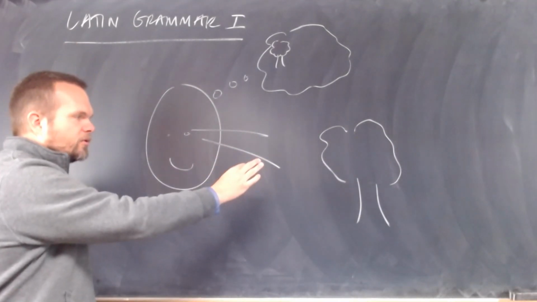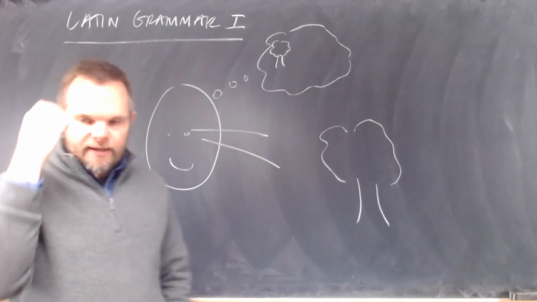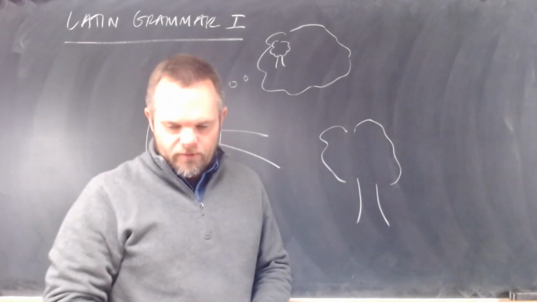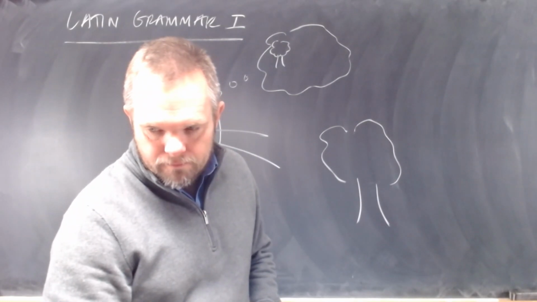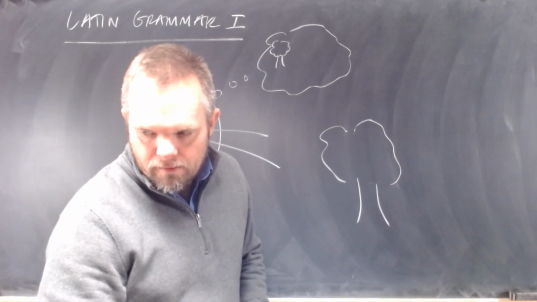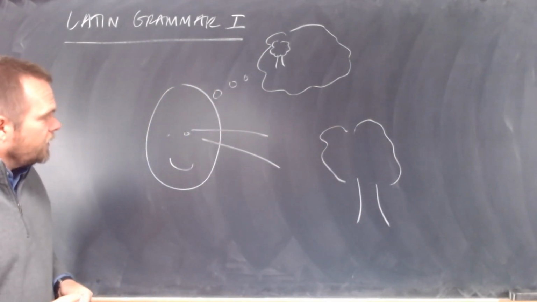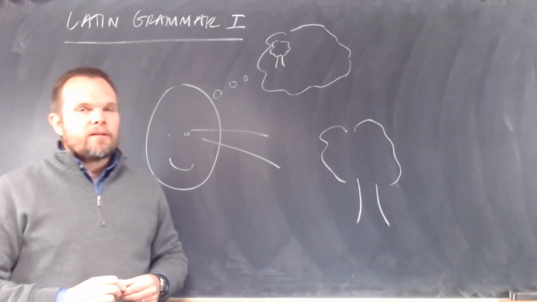You see this tree, and then you walk away with an idea of that tree. Okay? You walk away with an idea of that tree, but you don't necessarily know the name of that tree.